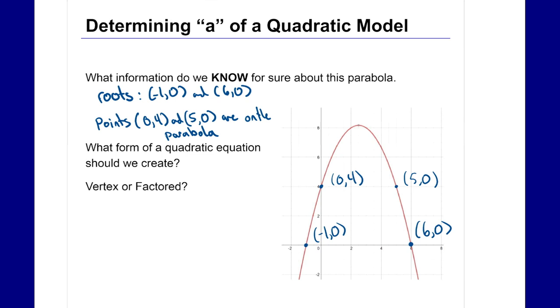So based off of that information, what form of a quadratic equation do you think we should create to represent this parabola? We only have 2, right? Vertex or factored. So which one should we use? In this case, we are going to use the factored form. The reason that we're going to use the factored form is because we know what the roots are.